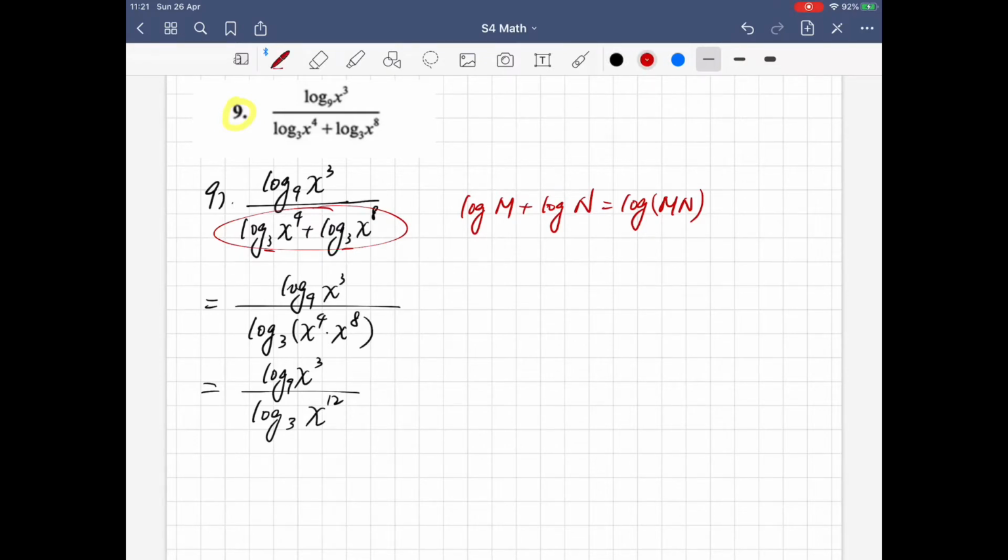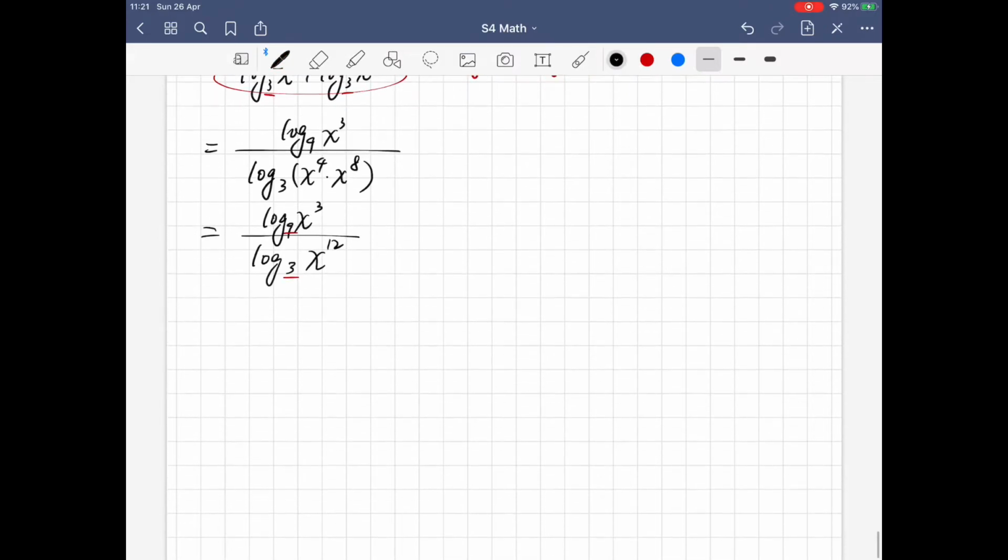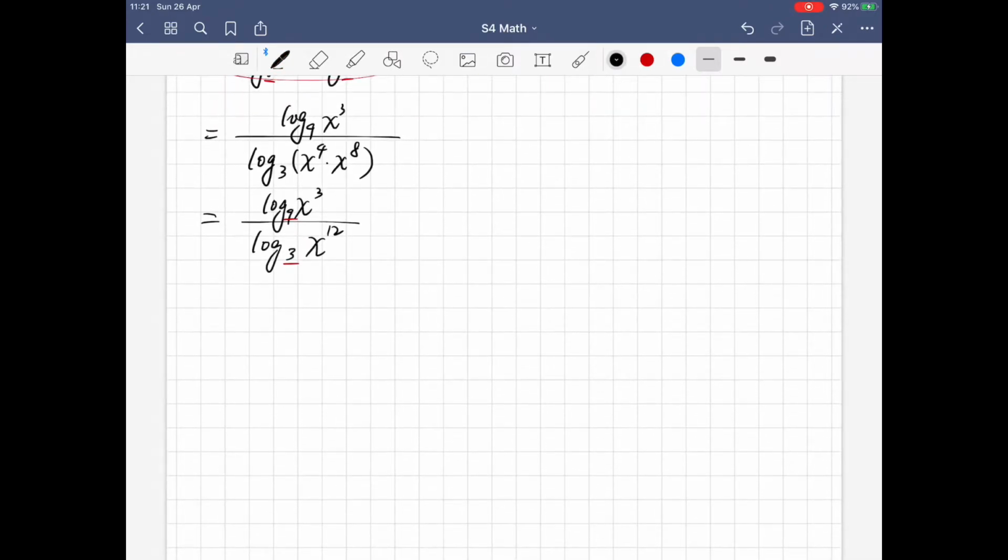And afterwards, as you can see, in the denominator and the numerator, they are using different base. Therefore, we have to separate them. Okay? And we have log x to the power 3 over log 9 divided by log x to the power 12 over log 3.